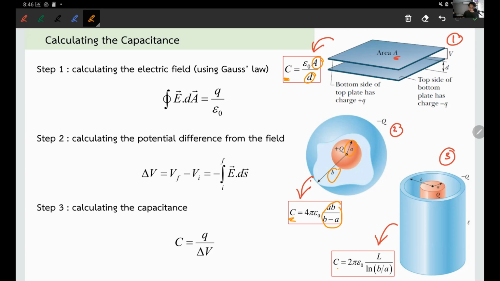The third one, in the cylindrical case, depends on how tall this cylinder is, and once again, it depends on the radii of the outer and the inner cylindrical shells. Do you see what's the point of this one? The point is, the capacitance depends only on the physical shape of the capacitor. I think that's the key message to take home.